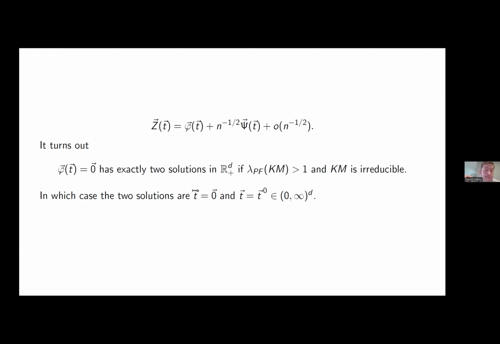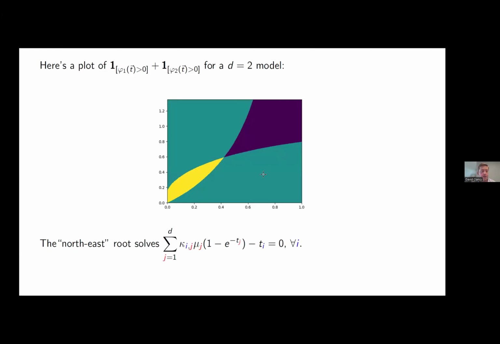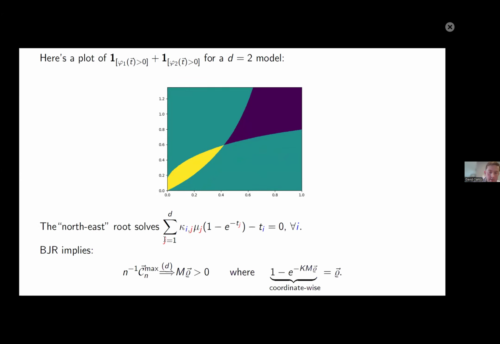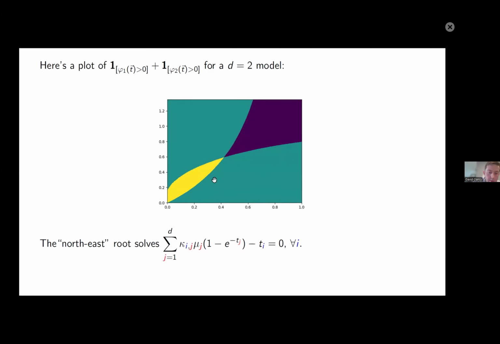But there's going to be another non-trivial solution. So if I just plot the indicator functions of where these coordinates are positive in the t1, t2 plane, this bottom right region is where phi2 is positive, but phi1 is negative. The top left region is where phi1 is positive, but phi2 is negative.